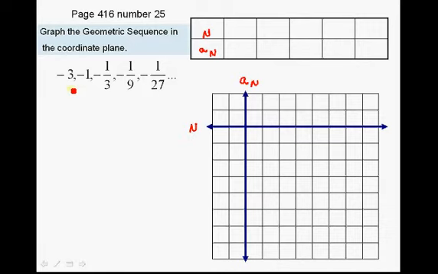So we know that a sub 1 equals negative 3. The second term, a sub 2, equals negative 1.